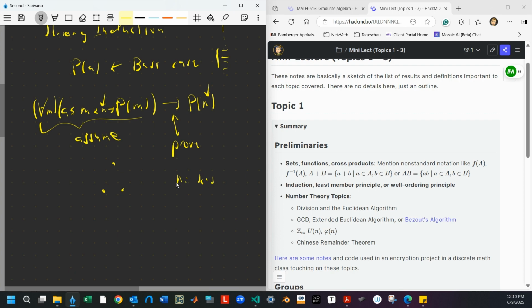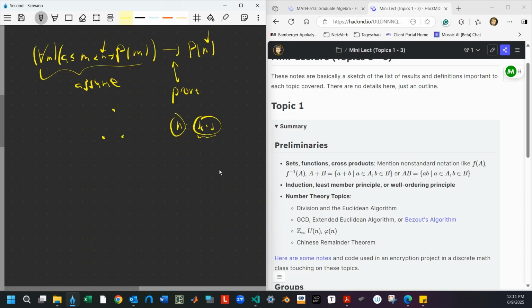So it's a non-prime, and these are 2 smaller things, and maybe there's some property about k and s that I want to prove holds for n. But I can't get from n to n plus 1 here. I need to get from these 2 factors up to n, and you don't have any control over what those 2 factors might be. That's a typical case where you use strong induction.